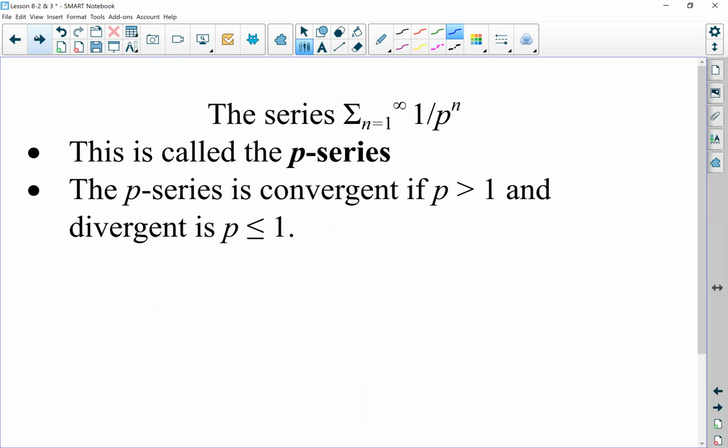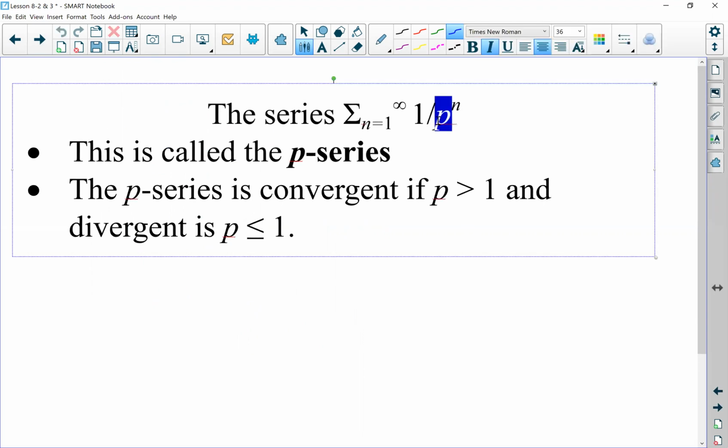Another test that we can use is the p-series test. And this needs to be changed. This should be n to the power of p.